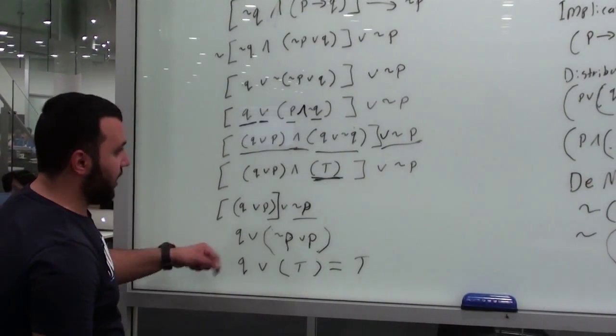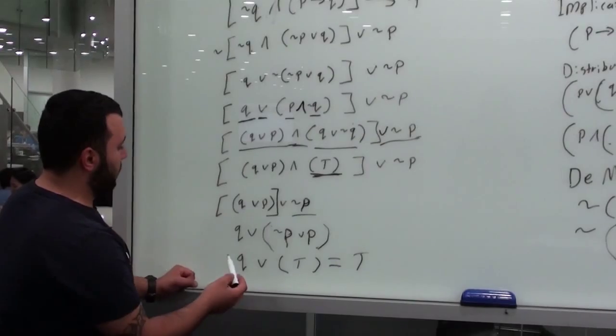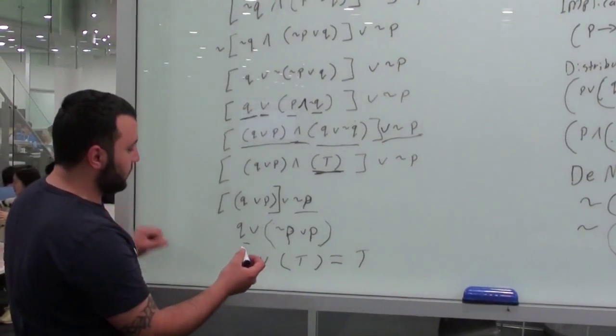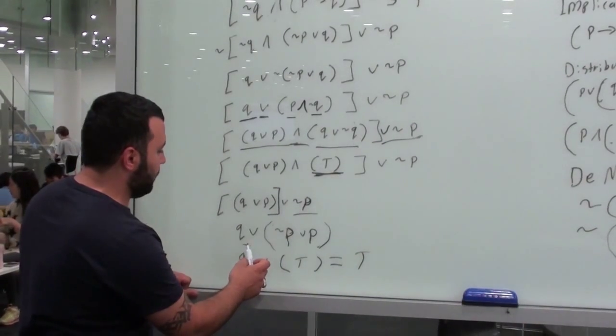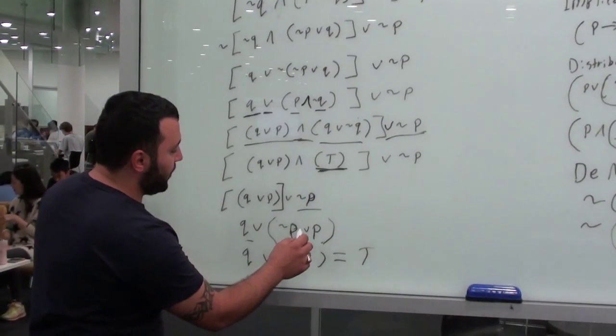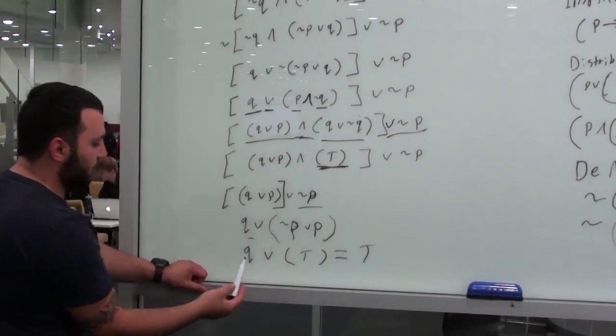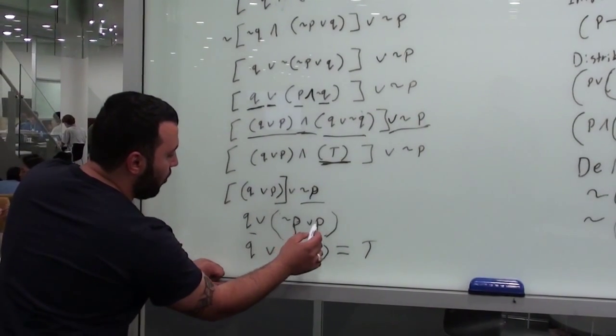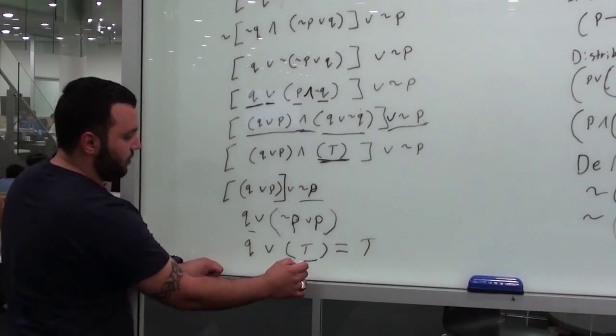And then we use the distributive law as well in here, where we say Q, not P or P, which literally gives us not P or P, it's always true.